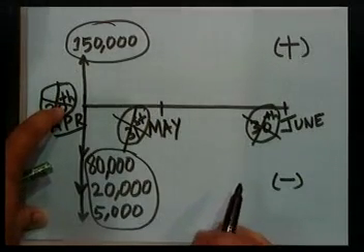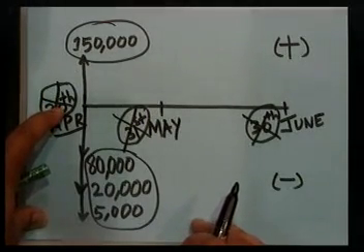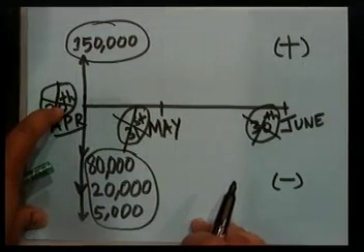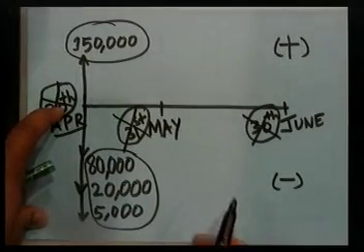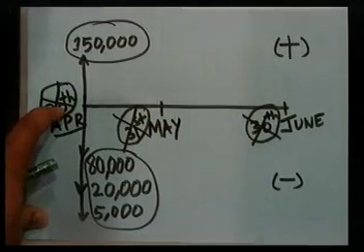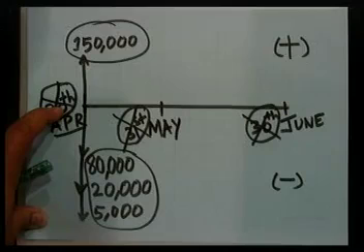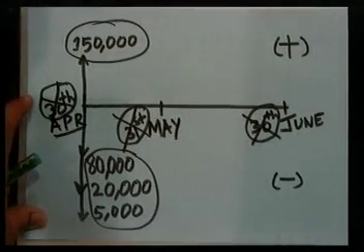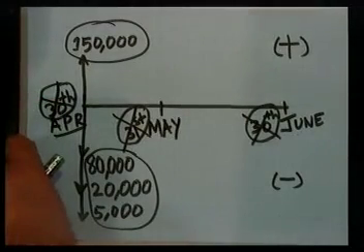Fine. Now, in the same manner, can you draw it for May? For the month of May you draw, for the month of June you draw, and that will complete our cash flow diagram exercise for this problem, right.